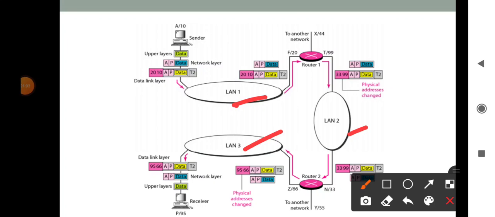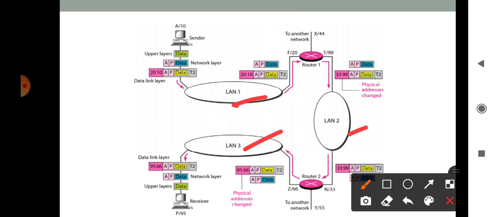Each device, that means a node like a computer or router, has a pair of addresses, logical and physical, for each connection. In this case, each computer is connected to only one link and therefore has only one pair of addresses. Each router, however, is connected to three networks. For this reason, each router has three pairs of addresses, one for each connection.